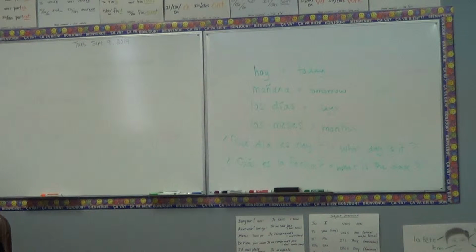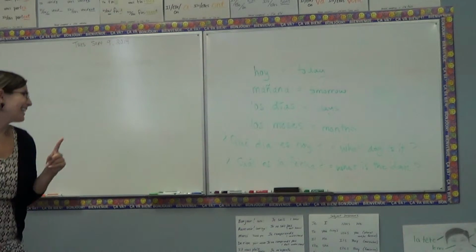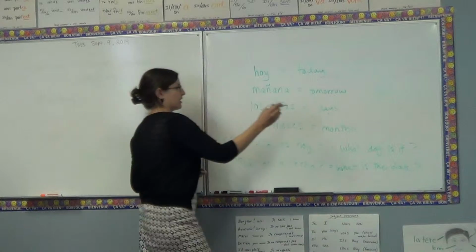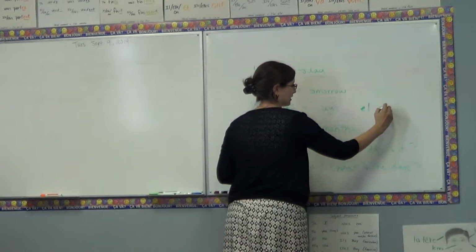Bueno, so I wrote a couple of phrases up on the board that are here in your book. So we've got hoy, which means today. Repetan, hoy. Tomorrow is mañana. Days, los días. If you just want to say one day would be el día.